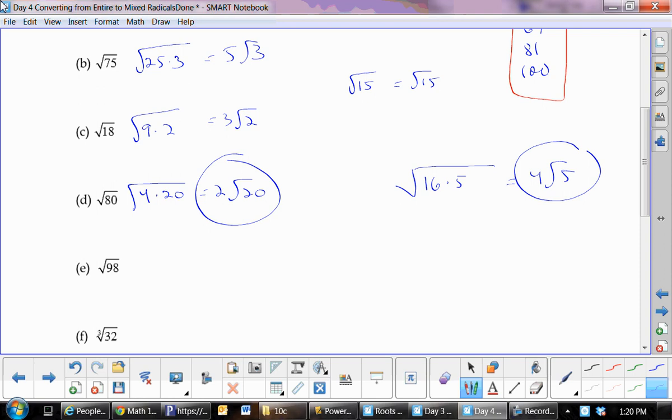You may see I didn't take out as much as possible. That's okay. You can still keep going. Because 2 root 20, what times what equals 20? 4 times 5, right? Now the 4 comes out to become a 2. What's 2 times 2? And then you do get the right answer.